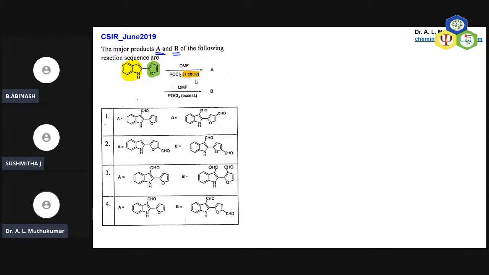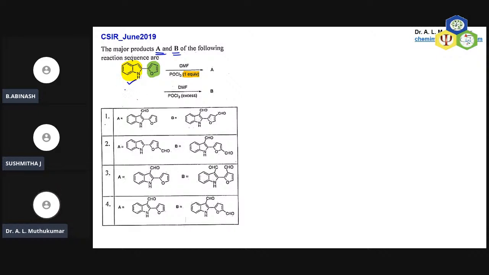Now the question is which molecule will be undergoing reaction. So I've already explained that. So indole is similar to that of pyrrole system. If you compare the reactivity of pyrrole and furan, which is more reactive, that is pyrrole is more reactive than the furan molecule. So that is what is happening here. So in the first step, this is what is taking place.